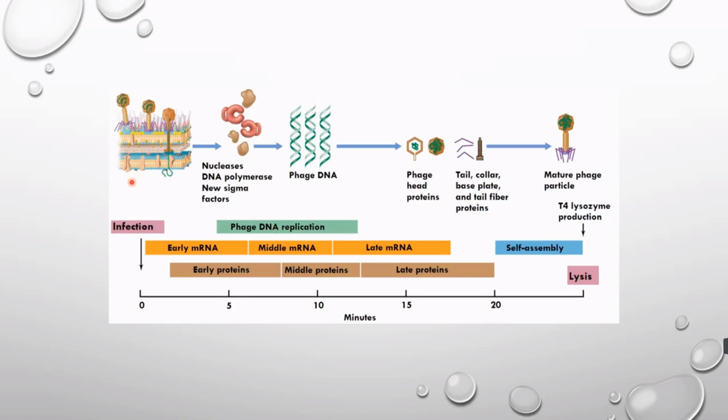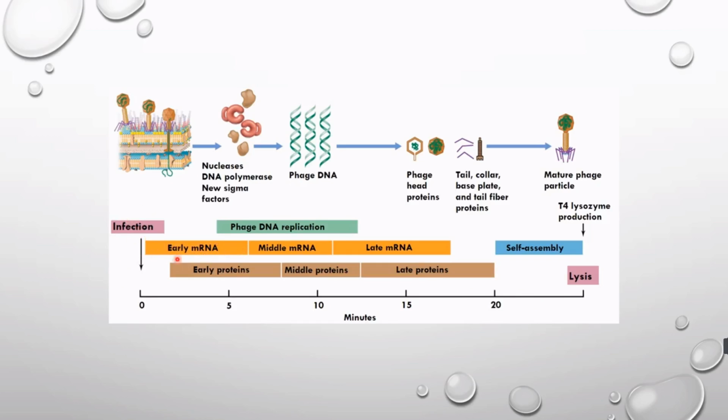It's a very, very short life cycle. This virus has to have complete control of the cell by the time the bacterium divides, and the life cycle of this bacterium is about 25 minutes, which is phenomenal. So there's a huge amount of energy being devoted to this type of production. We have initial infection, followed by early phase proteins.